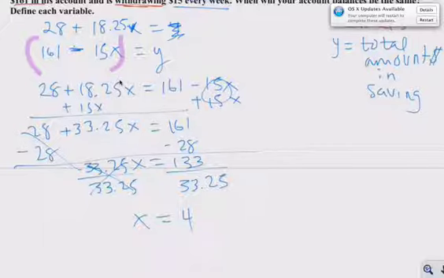Okay? So what does it mean? 4 is the number of weeks. 4 weeks. The bank account will be the same in 4 weeks. So when will your account balance be the same? Oh, we don't have to find out how much. We can stop here because it asks when will your account balance be the same.